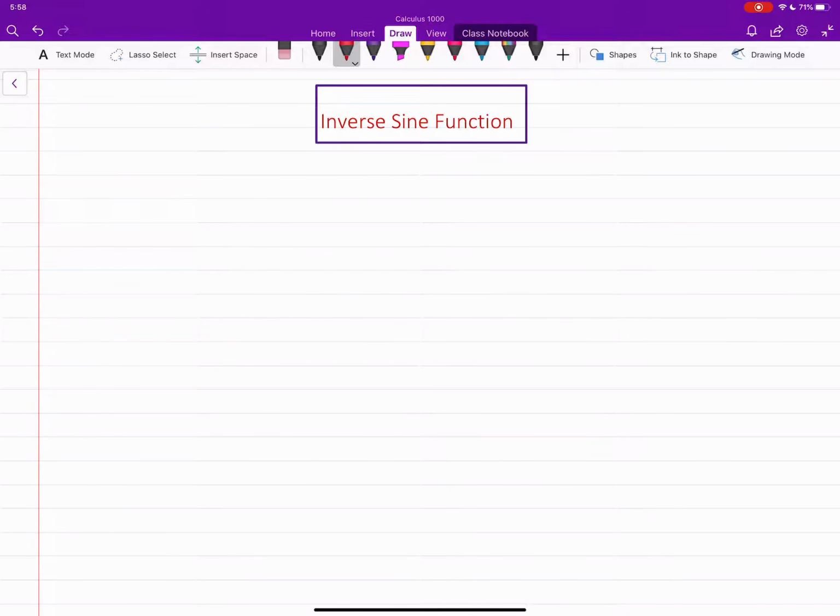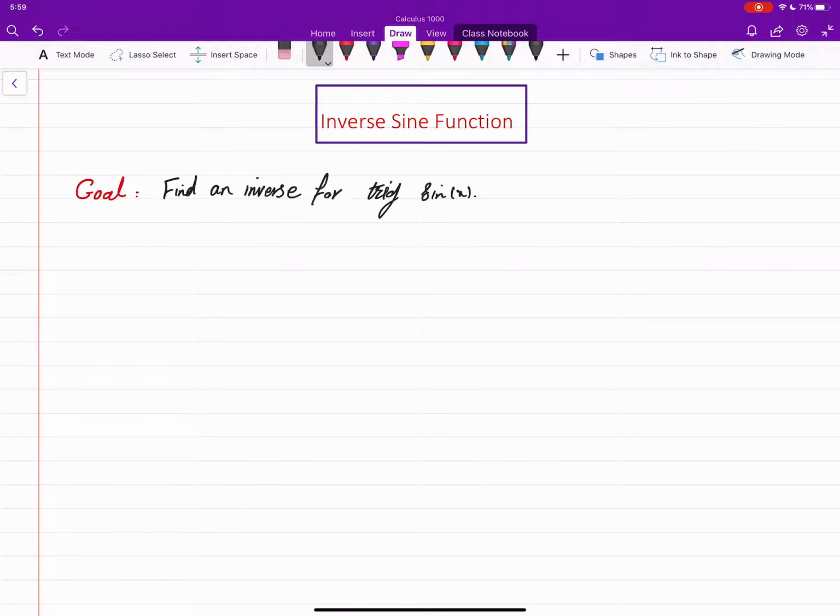Okay, so let's see what we have. We want to find an inverse for the trigonometric function sine x.